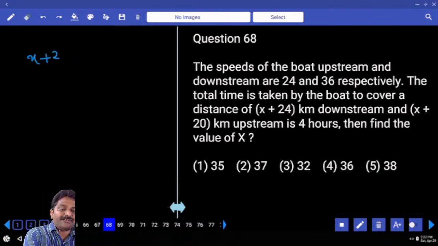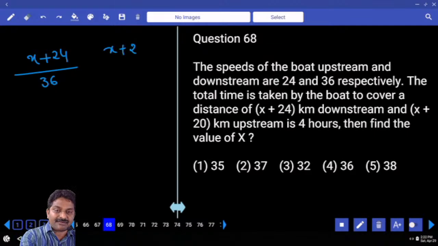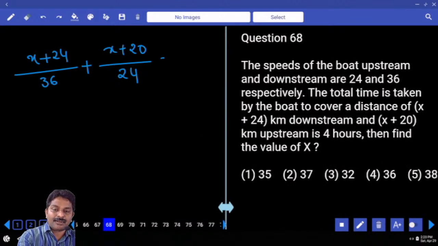X plus 24 kilometers is covered downstream, downstream speed 36 km per hour. X plus 20 kilometers is covered upstream, upstream speed 24. The total time is mentioned, and we were asked to calculate the x value.